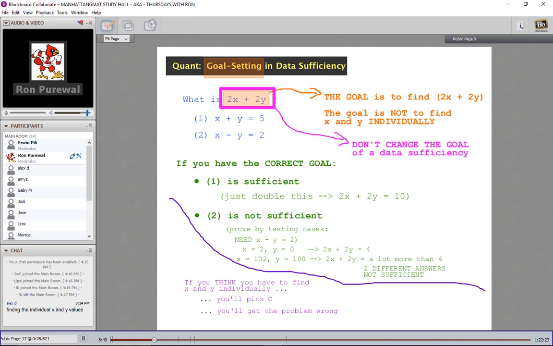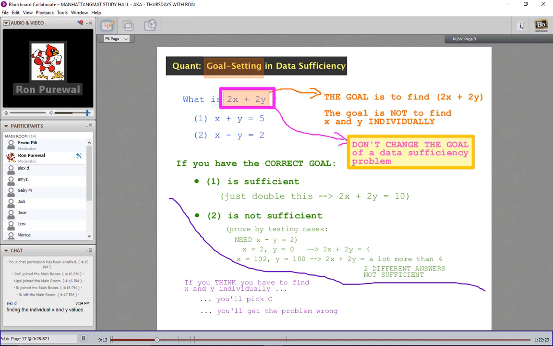One thing that might tempt you to do that is if you overdo this whole notion of rephrasing. The materials do talk about rephrasing when it comes to data sufficiency. You should only rephrase things if you are absolutely sure that they are equivalent to the original. Like, if the question says, what is 2x? And you're like, I just need to find x. That's a rephrase. You can do that.